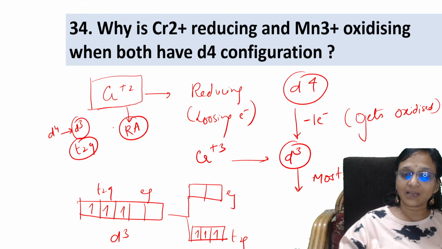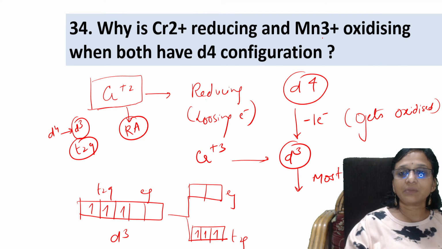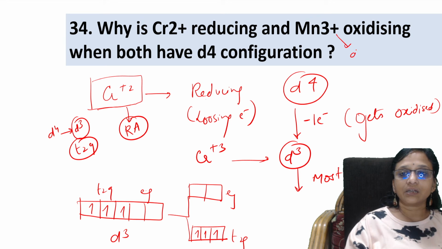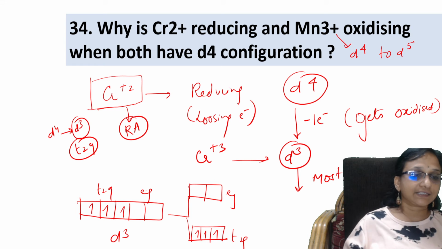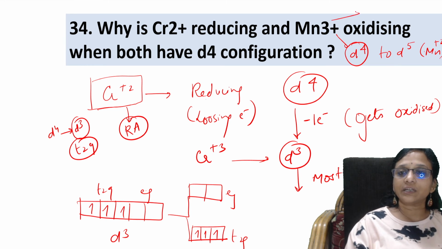Let us talk about manganese now. I don't have place, I'll write here. What is happening in manganese? It is getting converted from d4 to d5. Mn plus 3 is d4 configuration, Mn plus 2 is d5 configuration. So what will it do? It will get converted to Mn plus 2 by gaining an electron. When something is gaining an electron, which agent is this?